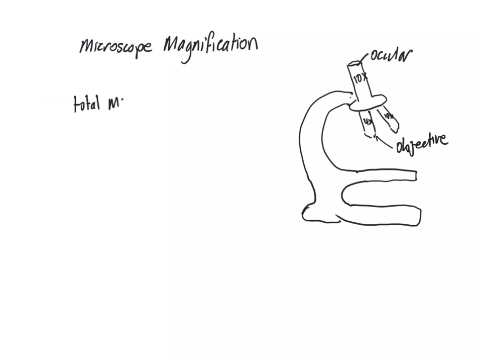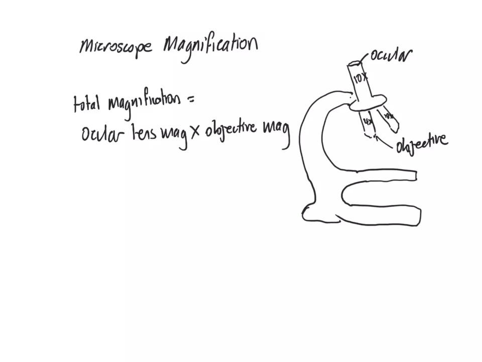So total magnification is quite simply the ocular lens magnification times by the objective lens magnification.